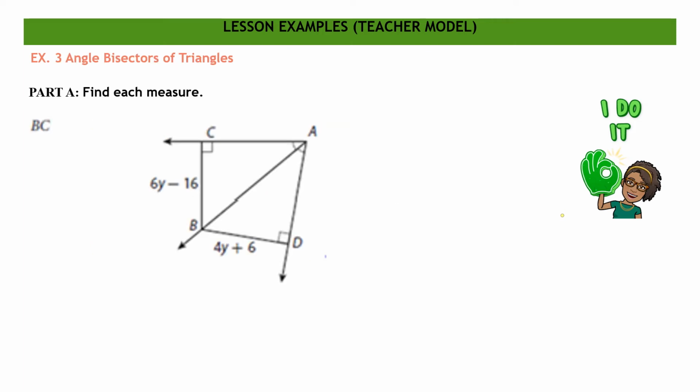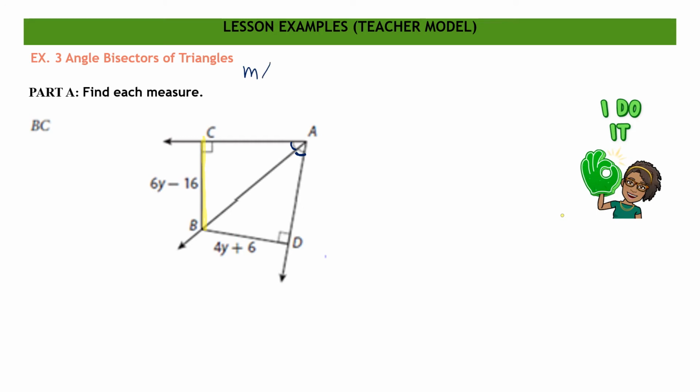Okay, example 3, we're talking about angle bisectors of triangles. So here in part A, we're trying to find the measure of segment BC, which is located here. So from this example, I see that angle CAD has been bisected into two congruent parts based on the markings that we have.